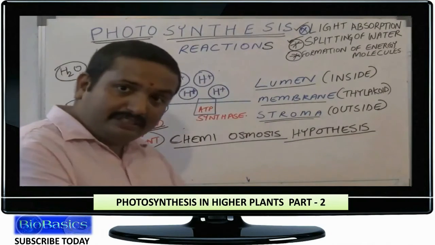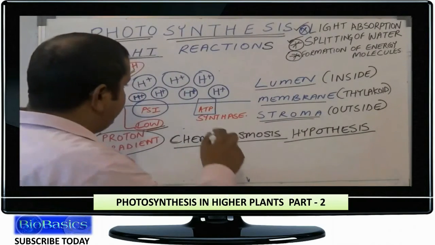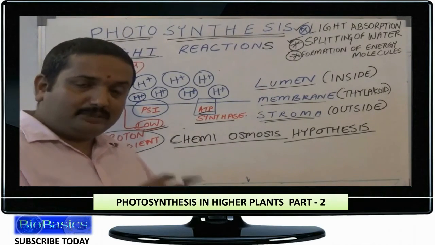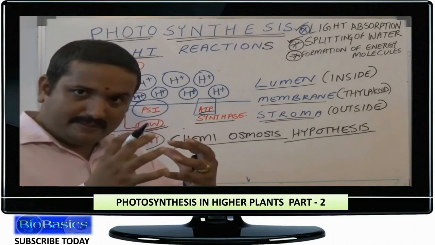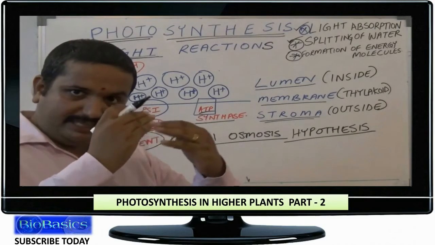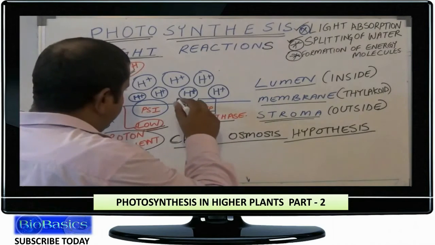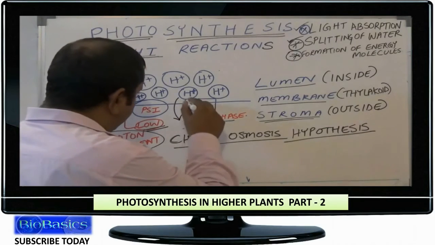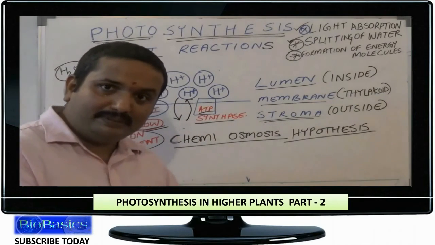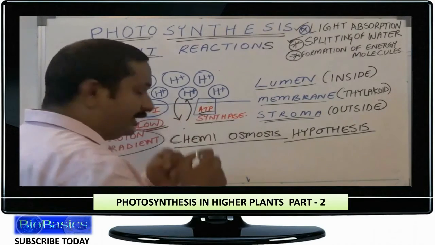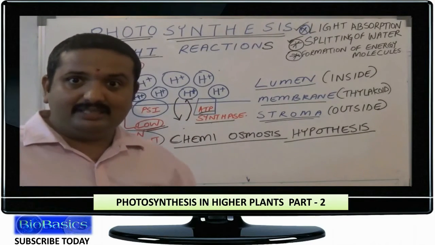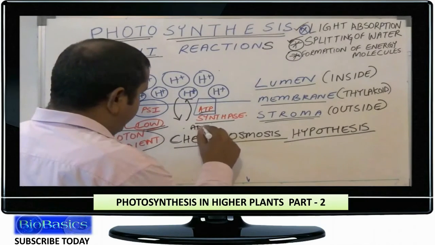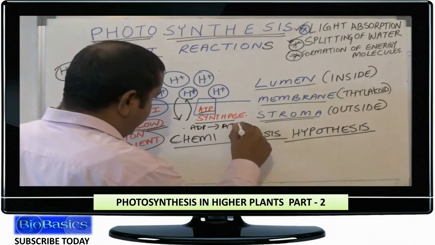I told you that there is an accumulation of protons. What happens is there is an enzyme here. It's called ATP synthase. This is a protein, and this protein actually functions like a pump between the outside and the inside of the membrane. So when there is an accumulation, the accumulated protons move in and out through the pump. When they move out, this particular enzyme gets enough energy to generate ATP molecules. That is, from ADP it will generate ATP.